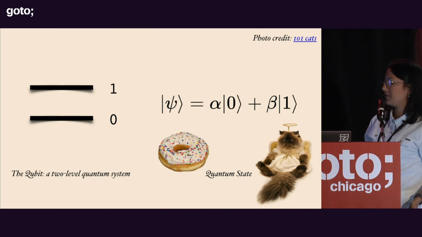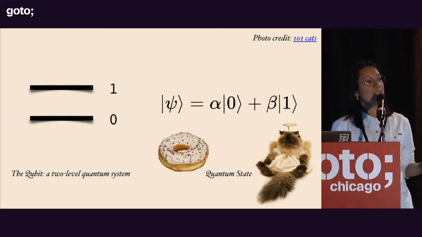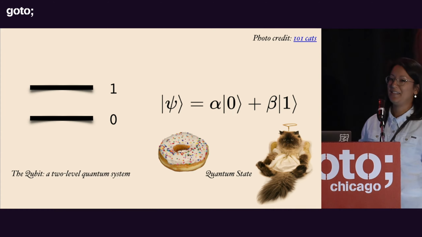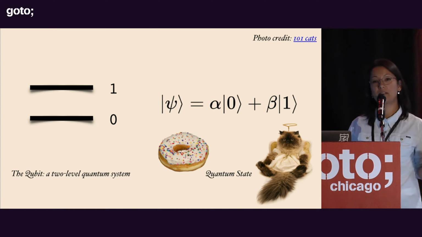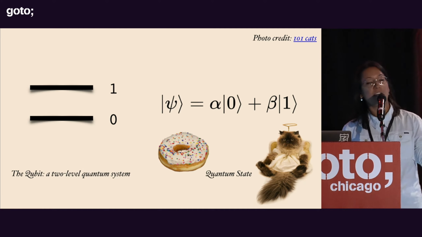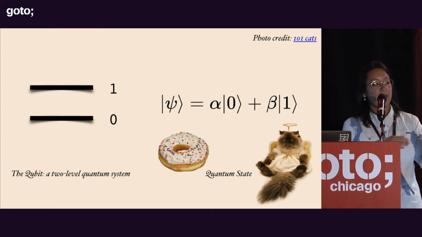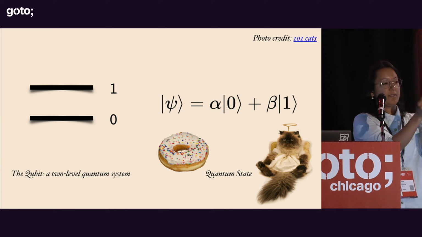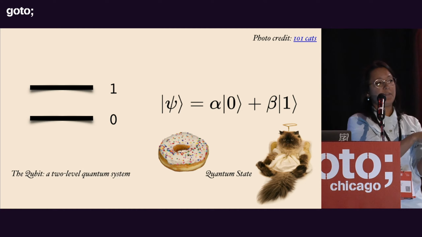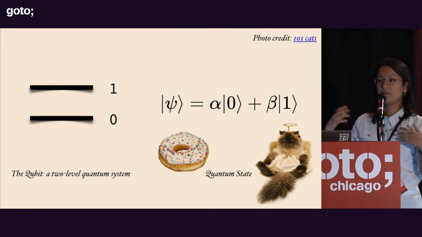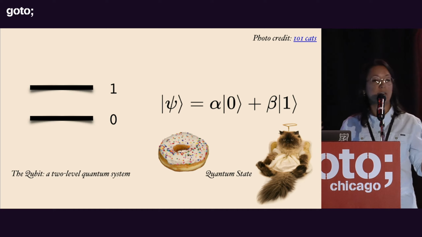So they came up with this analogy where, very cruelly, they put a cat in a box. This is a mental model. They didn't actually put a cat in a box, but you mentally put a cat in a box. You accompany it by a vial of poison. And then you make this contraption where there's a little hammer that smashes the vial if you connect it to a quantum system that decays, for example, a radioactive atom.